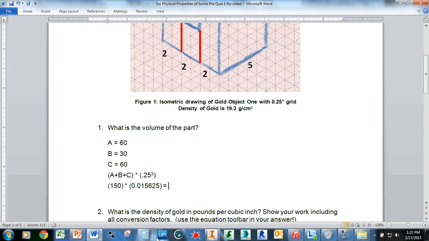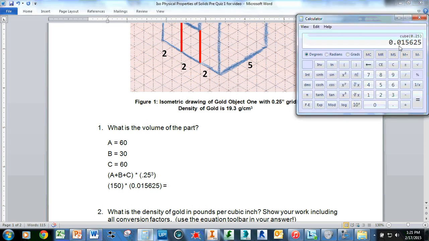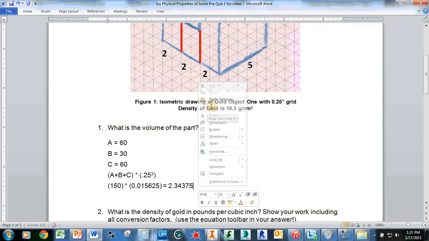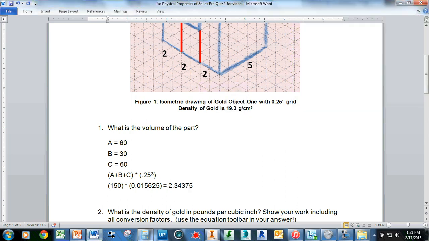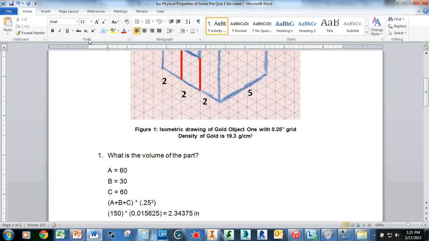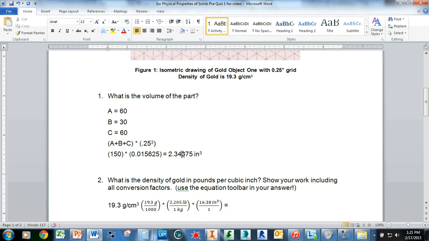So coming back up, I can take 0.015625 times 150. That comes out to 2.34375. Now that is going to be in cubic inches. That is the volume of the part. That is going to be our actual volume of the part: 2.34375 cubic inches.